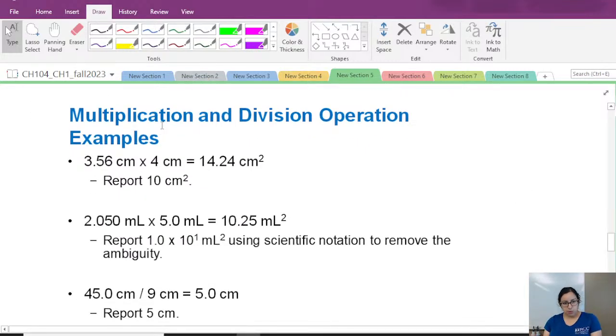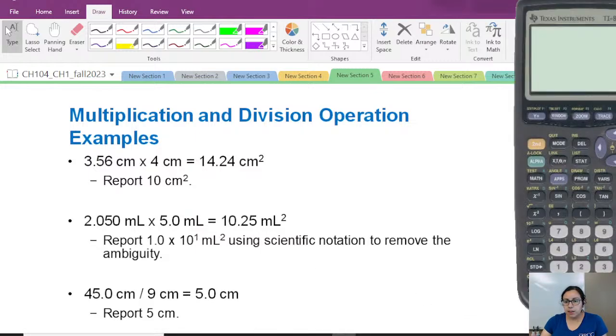So now looking at multiplication and division, this is also a good reminder as to why you want to write down every digit that your glassware gives you, because then you might end up in this awkward scenario. We're trying to find some area. So we have 3.56 centimeters times 4. I'll plug it into the calculator so we can follow along.